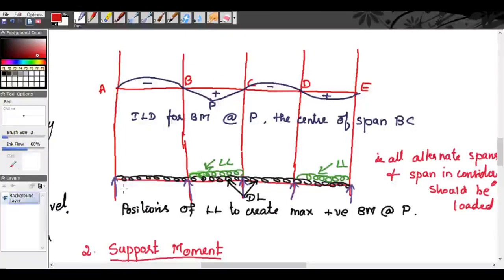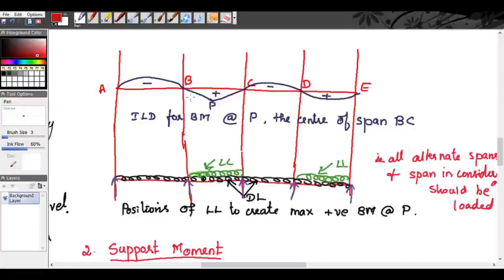This is the loading, that is, the position of live load to create the maximum positive bending moment at P. This point is P. This one is dead load, marked in black color. Dead load is everywhere throughout the spans A, B, C, D, E.